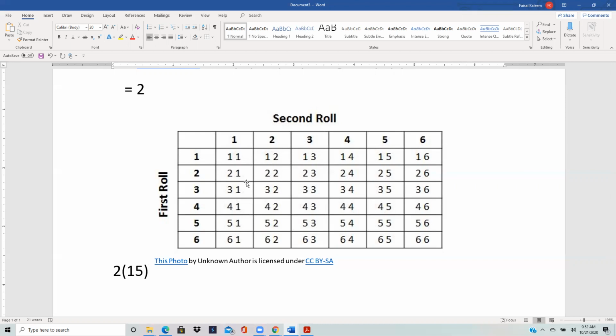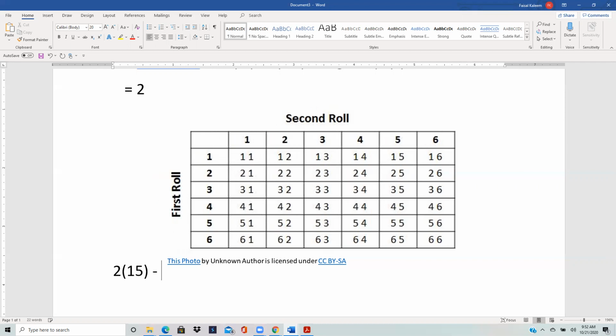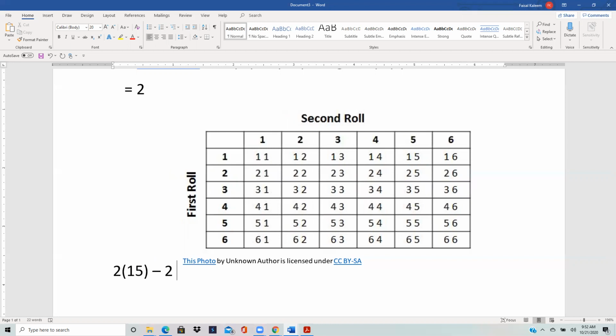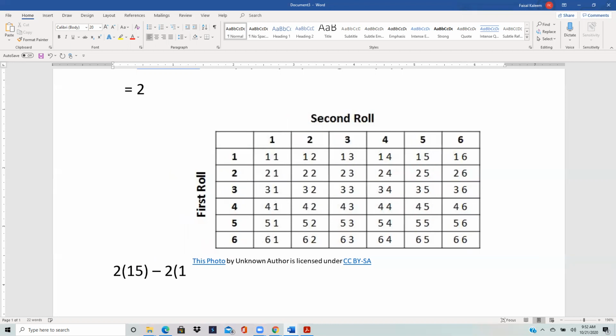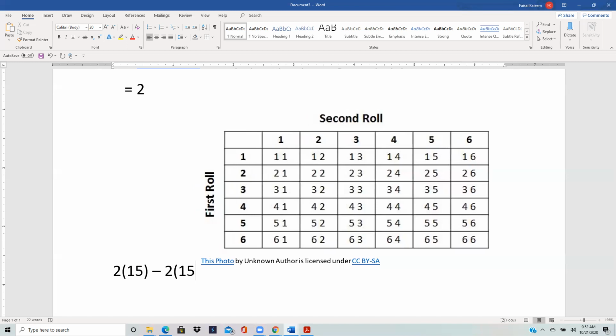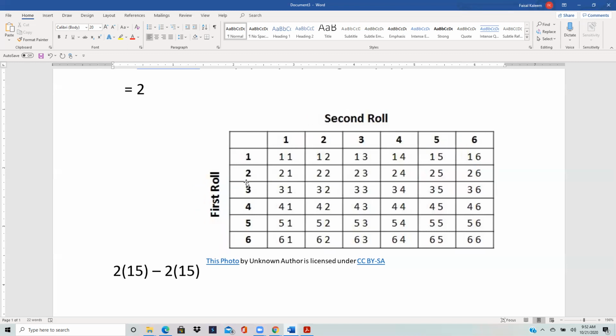So with those 15, I lose $2, so minus 2 times 15. Oh, so that actually breaks me even right now, because 15 of them win me $2, 15 of them lose me $2.